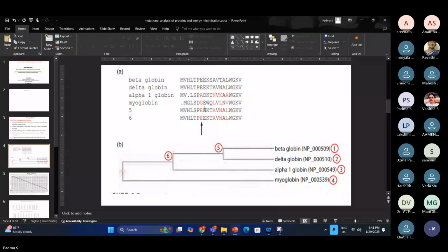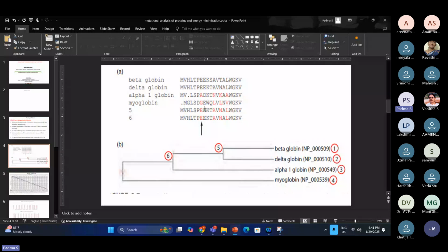So you can see that it's a different type of amino acid, and because of that replacement of the amino acid, these two have shared a common ancestor, and these are present in a different link altogether.